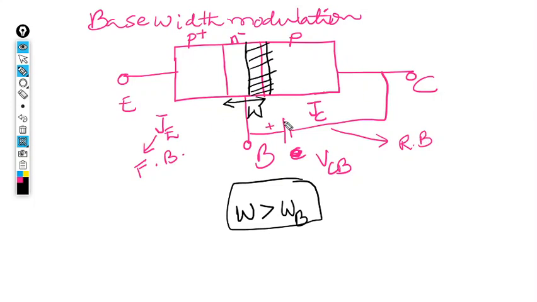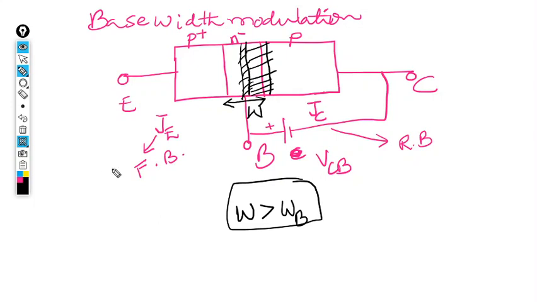If this reverse bias voltage increases, this depletion region increases. This depletion region penetrates into the P side and N side, but the base is lightly doped compared to the collector. We know that the depletion region can penetrate more on the lightly doped side. That means the base side is penetrated more when compared to the collector side. Because of this, the effective base width changes.